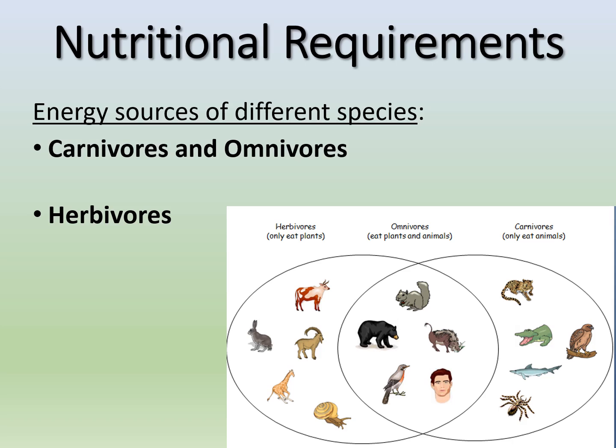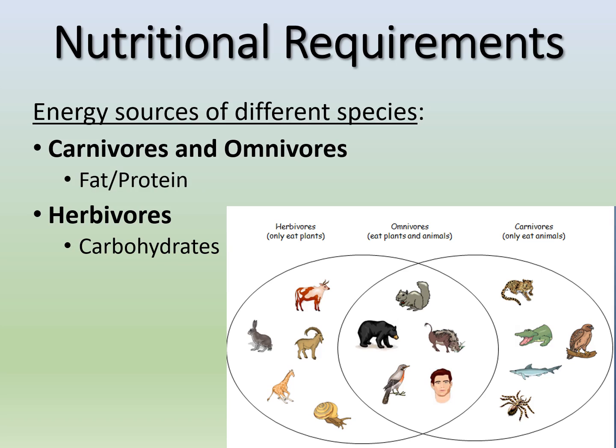When we talk about our carnivores and omnivores, carnivores specifically only eat animals, and omnivores eat plants and animals. They are going to be able to use fat and protein more so than our herbivores, who strictly only eat plants and use carbohydrates as energy.